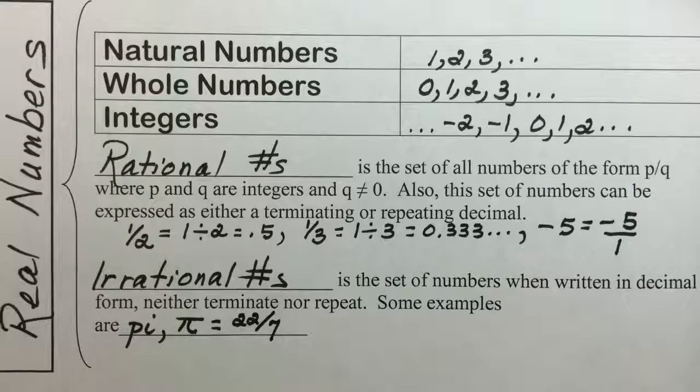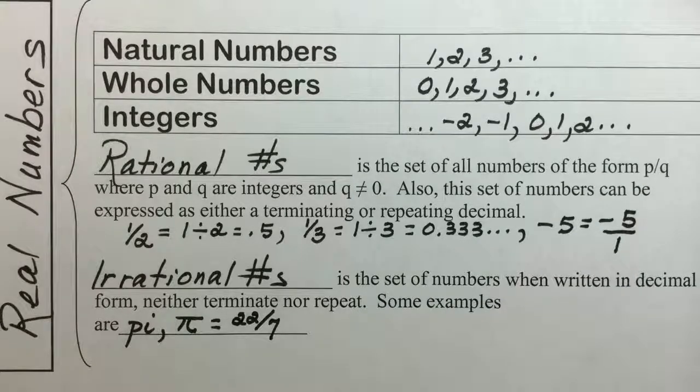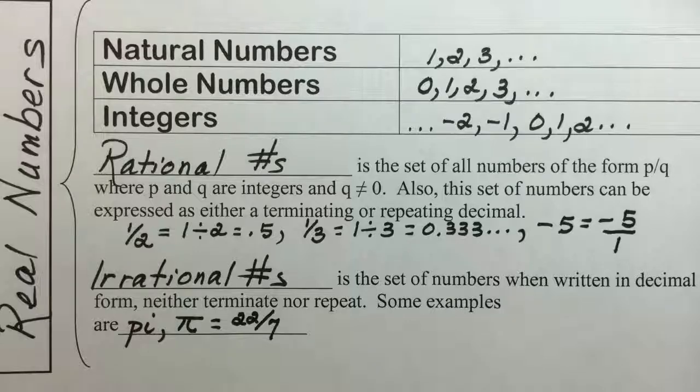Now, on first glance, 22/7 looks like a rational number. But if you do the division, 22 divided by 7, this never terminates or sets up a pattern. Do the division on your calculator, it will fill the display, but it continues infinitely without repeating, thus making it an irrational number.